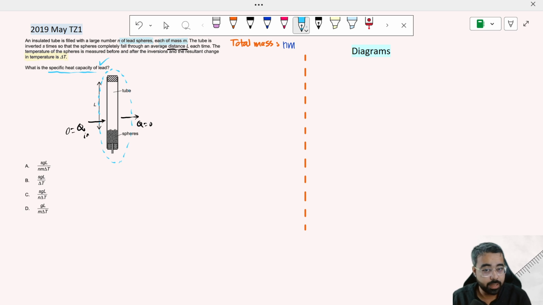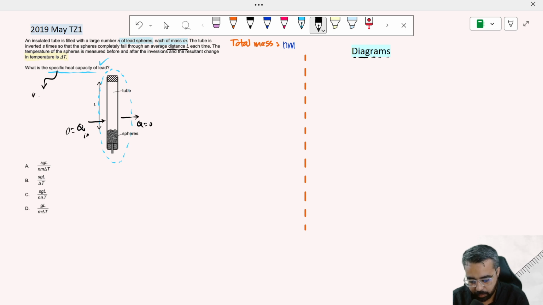It seems a complex question, but when we break it down into easier steps, you will understand, and I will explain it with the help of diagrams. So let's first go to the definition of specific heat capacity.